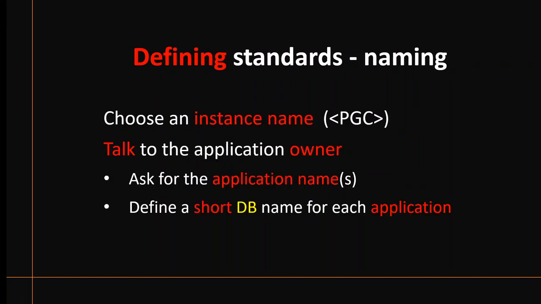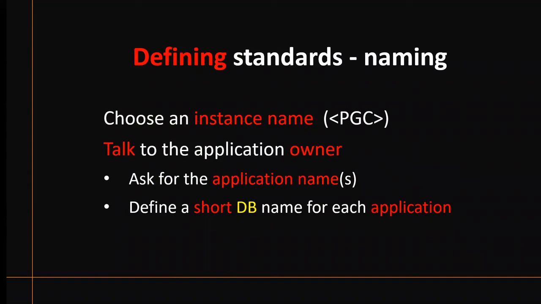Also, naming. We wanted some naming standards. Now we have two types of names. We have basically the instance name, which is only used by DBAs, and we have the database names, which are used by the applications.